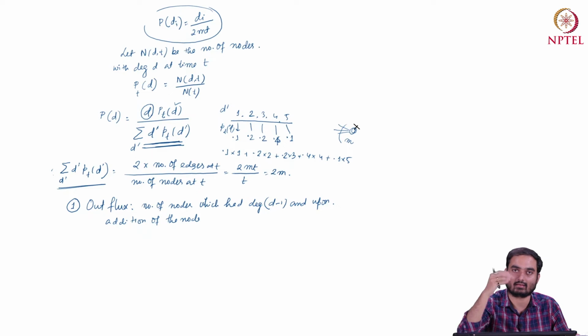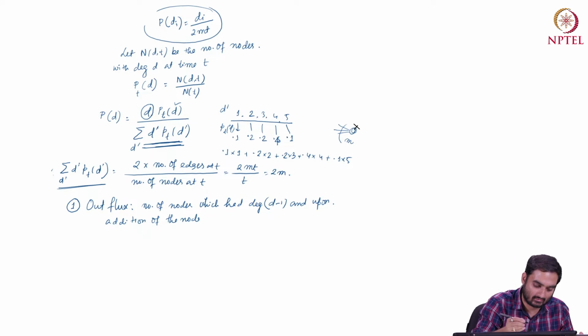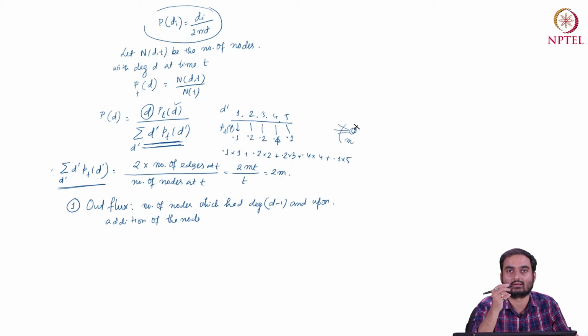Out of these m edges, at least one edge will be acquired, and those nodes whose current degree is d, due to the addition of one additional edge, the degree will become d plus 1. So those nodes will not be counted when we calculate the number of nodes with degree d at time t, because those nodes will have degree d plus 1. So we call those nodes the outflux.